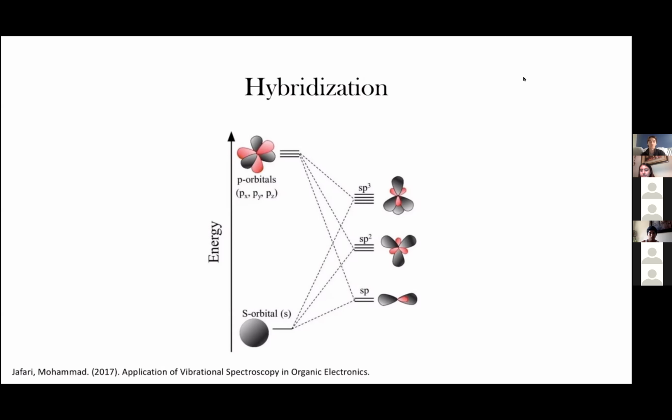So we see the orbitals combining to make sp3, which is the highest of the hybridized orbitals, and then sp2 and sp. Okay, so let's keep that in mind when we think about alkenes.